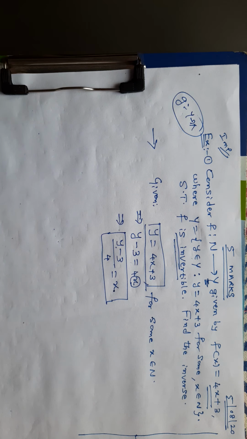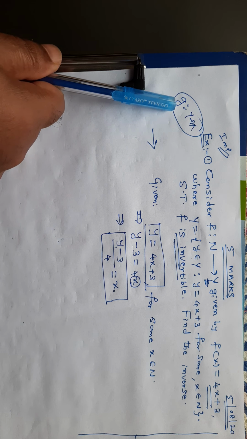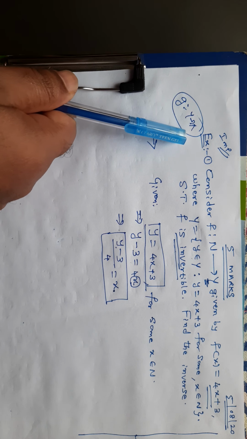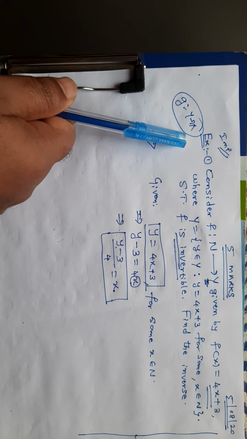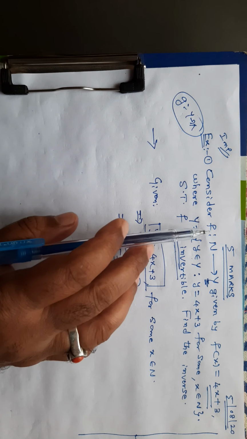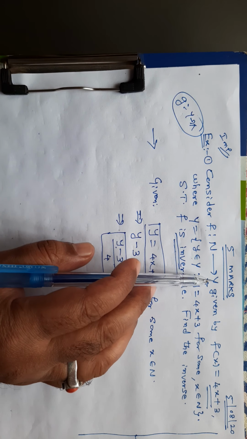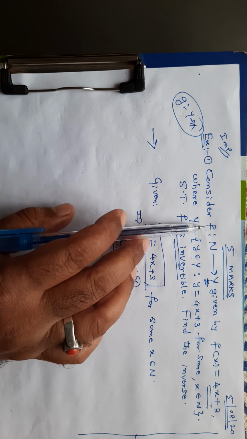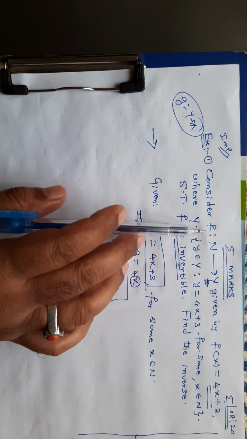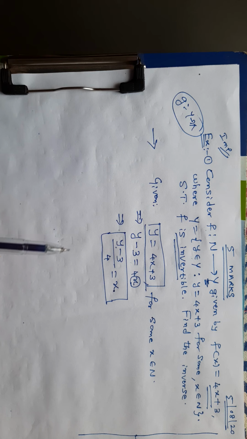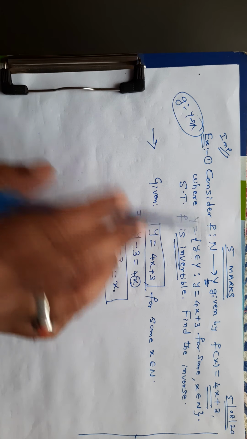If X to Y is there, then there should exist another function g from Y to X. This is very important. Here the given function is f from N to Y. That means to say that f is invertible, there must exist another function g from Y to N according to the definition.